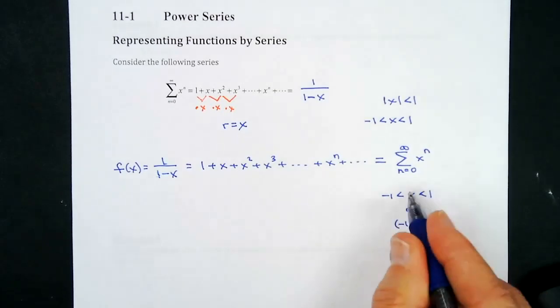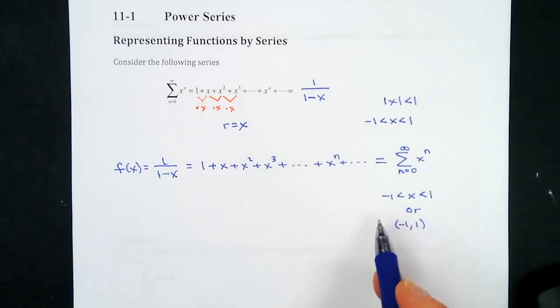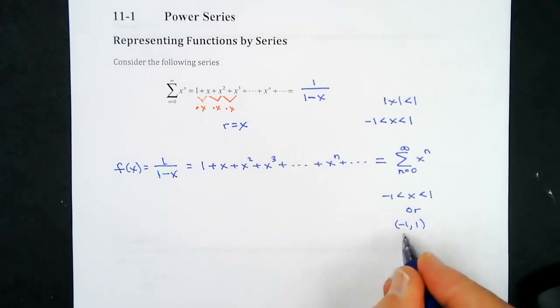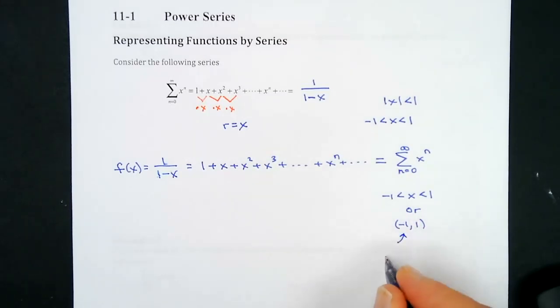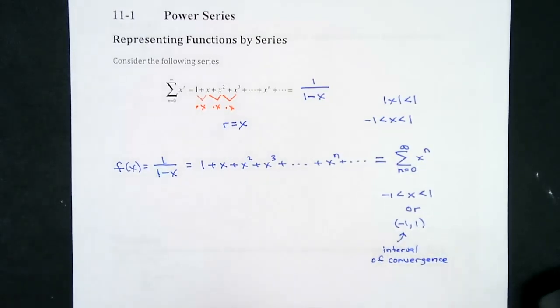That's in inequality notation, and this is in interval notation. This right here is called the interval of convergence, and you're going to hear that term. It's the interval in which this function and the series converge. They're the same only for those values.